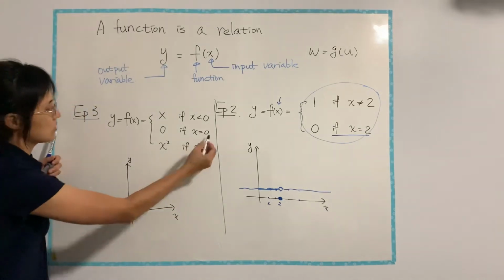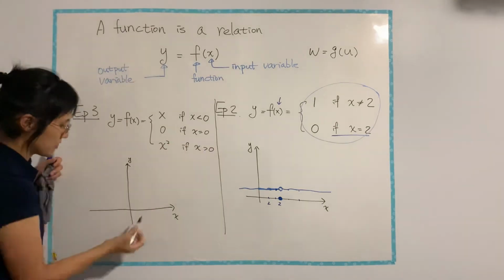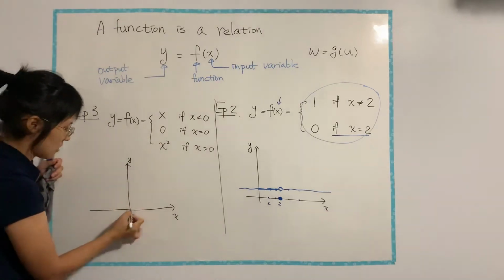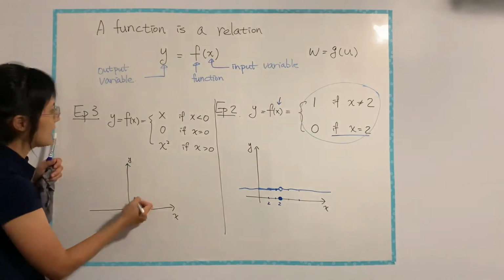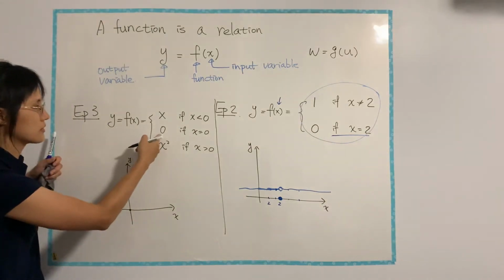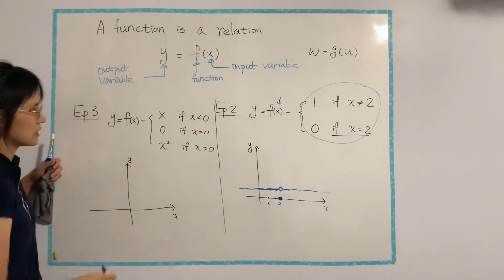All right. So the middle one is easy. Okay. So when x equals 0, the output value is 0. So let's take care of this part first. When x equals 0, y value is 0. If I had y value being something else, then I read the given function, the given information, and do the plot accordingly.